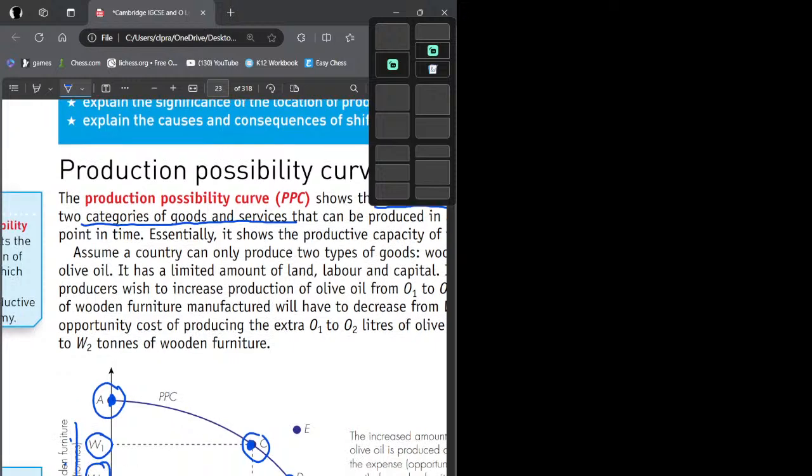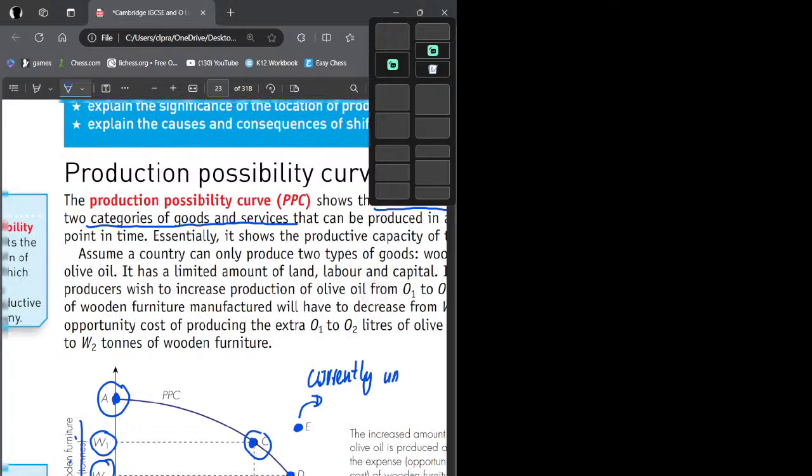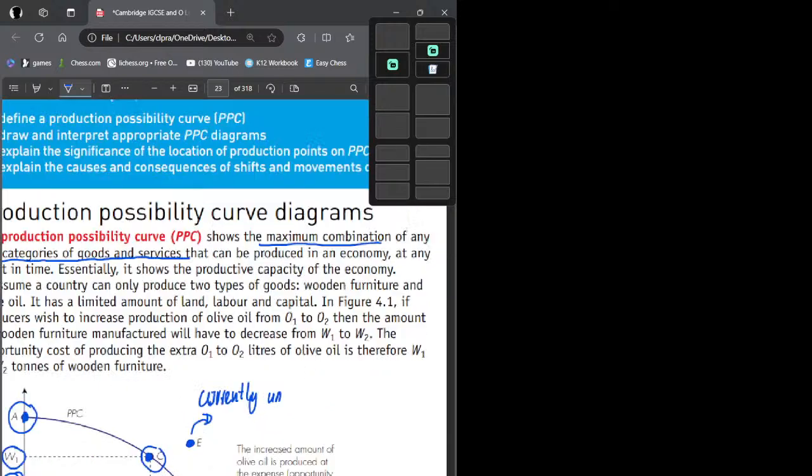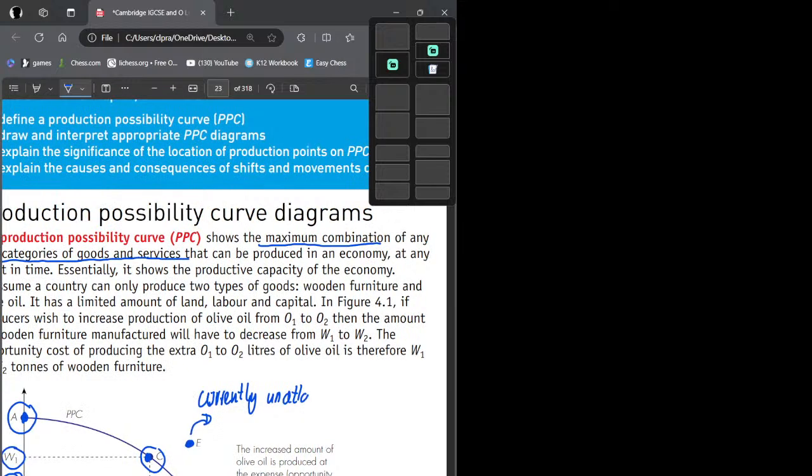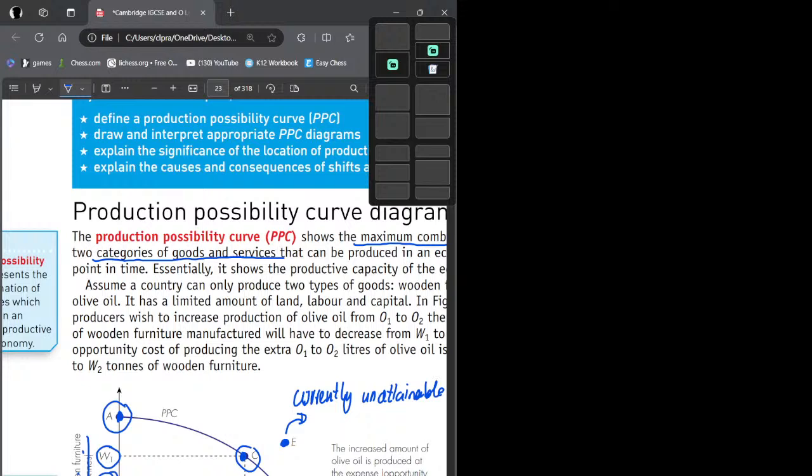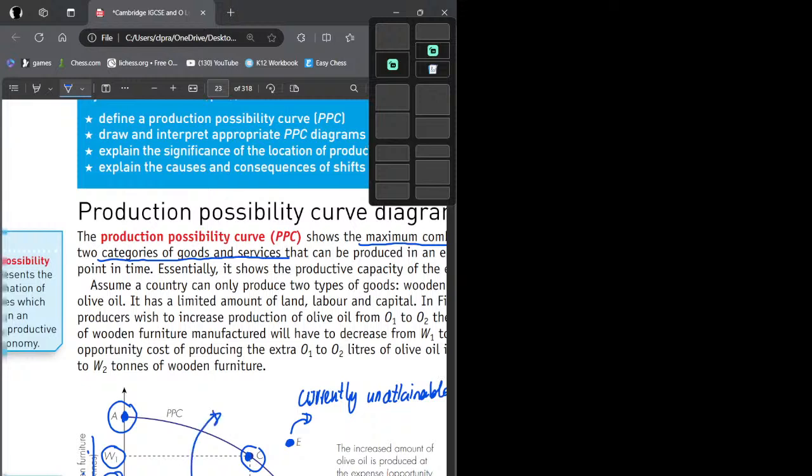If the point is over here at E, before F, this means that it is currently unattainable. And if the point is over here at F, then this shows inefficiency.